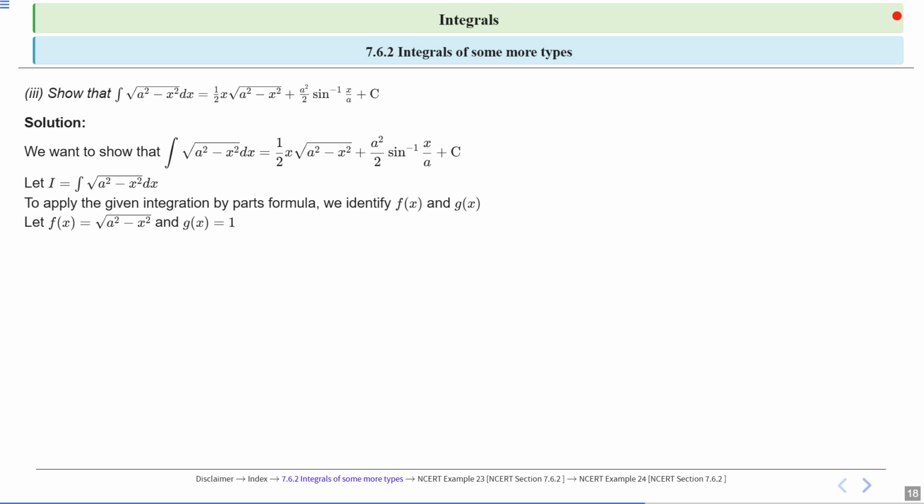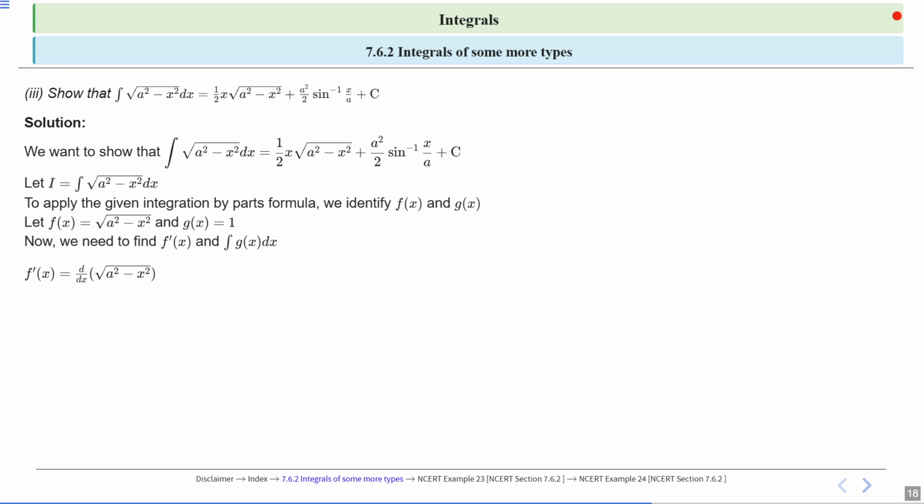That is the question. We have to find the integration of root under a square minus x square. So now we find the differentiation of f(x) and integration of g(x). At first we differentiate f(x) with respect to x.